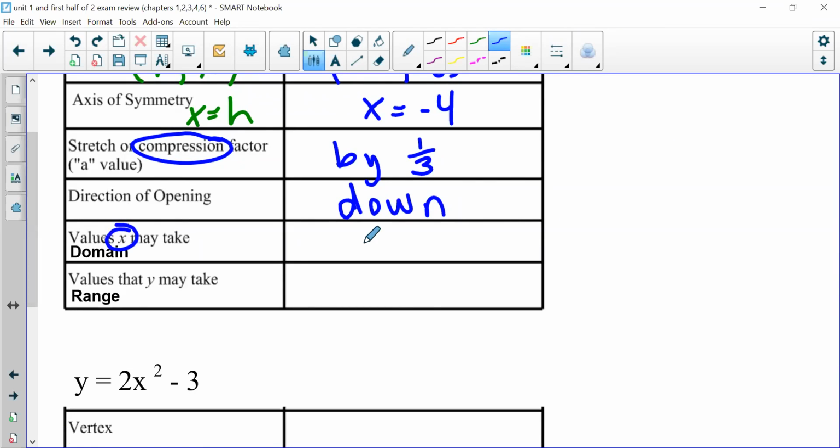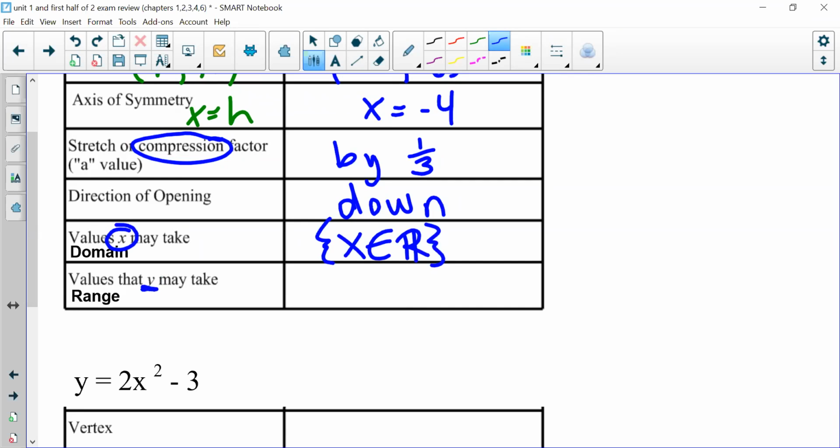This is X. So Matthew, you're on the right track. We're going to write squiggly brackets, X, element of R. And in English, what does that mean? X is all real numbers. Good. There's no limitation on the width of a parabola. So you will always write X element of R.